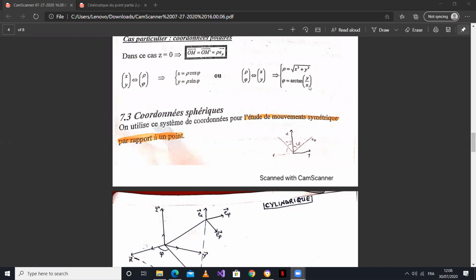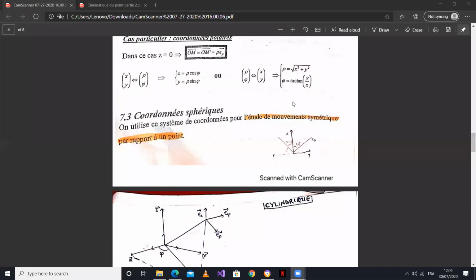We defined the position vector, and we also established some expressions for transitioning from one coordinate system to another. We also looked at the polar coordinate system, which is just like the cylindrical system, except that z is equal to 0, so it's just in the horizontal plane.